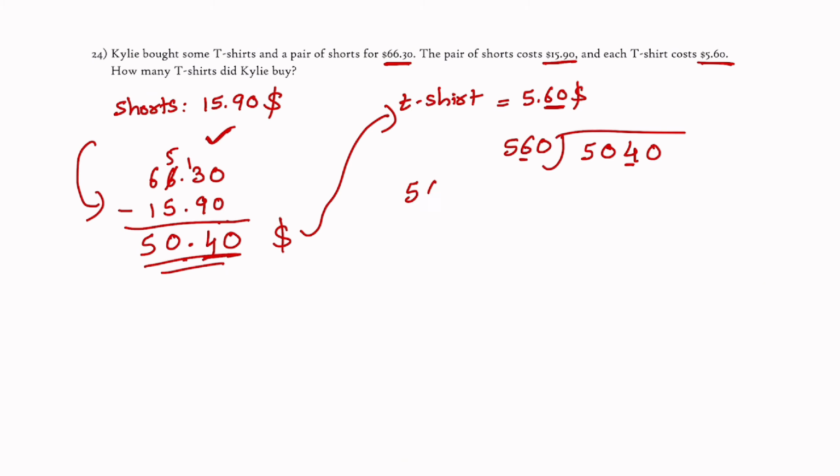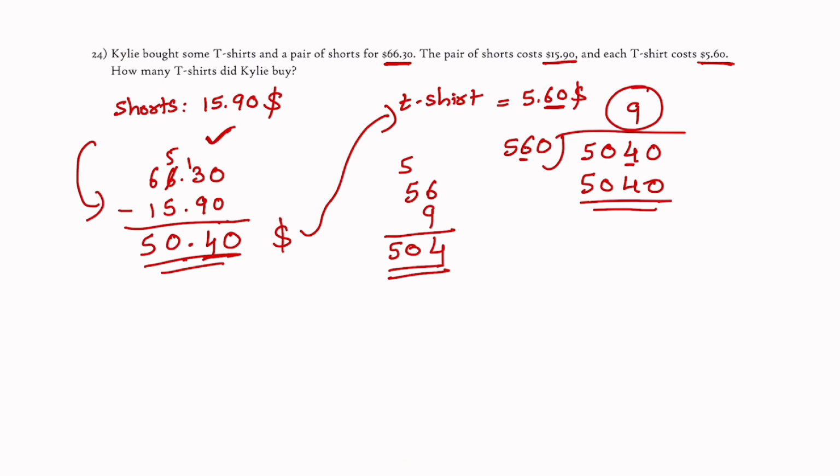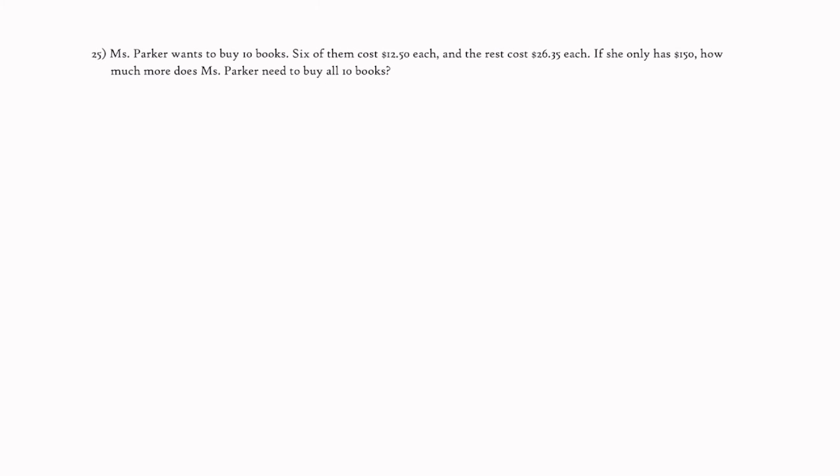So let's try 56 times 9 if it works. 6 times 9 is 54, 5 here, 45 and 50. Yes, that's what we wanted. And that's the answer here. So the cost of each t-shirt is 5.60, but the number of t-shirts bought were 9. And it's done.